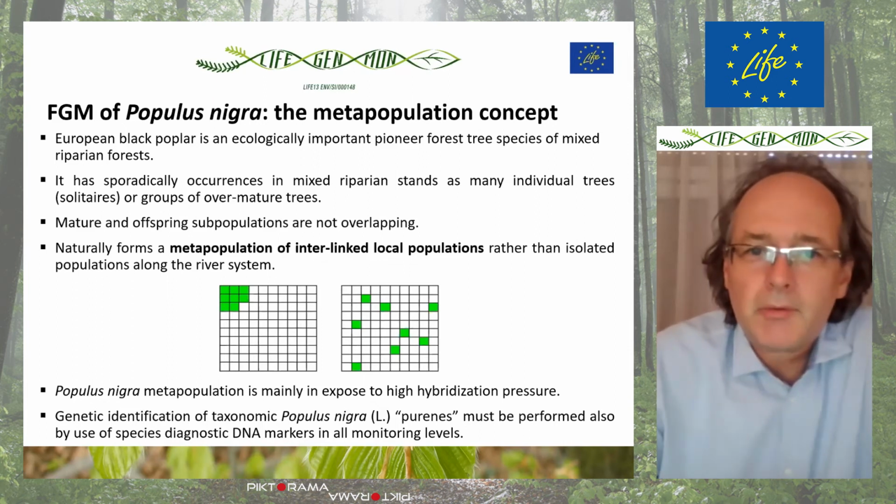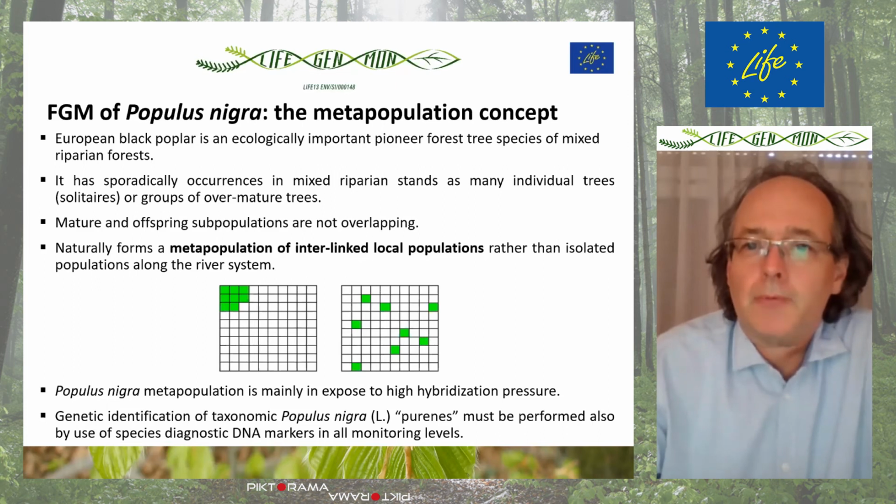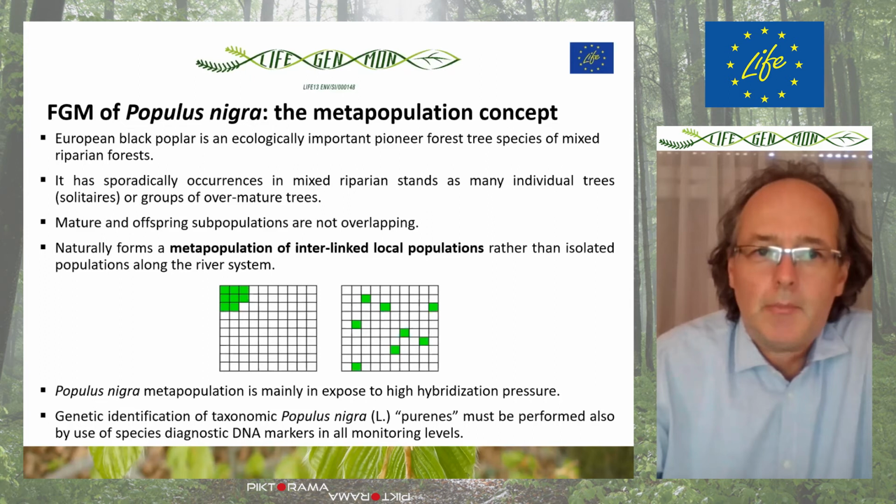European black poplar is an ecologically important pioneer forest species of mixed riparian ecosystems. Major and offspring subpopulations are not overlapping, and Populus nigra naturally forms a metapopulation of interlinked local populations, as you see also here in the picture.